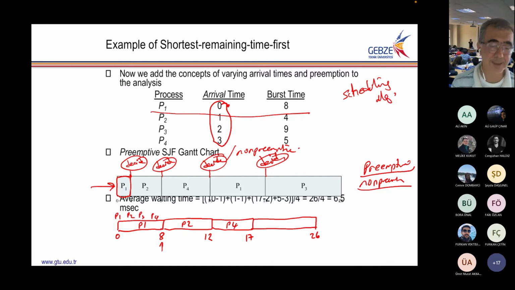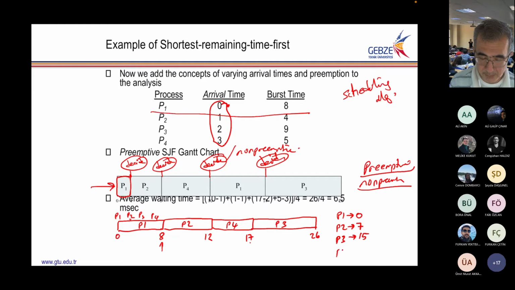26. Right? What is the waiting time for each process? P1 is going to wait no time. P2 is going to wait how much? Tell me. 7. Yes, that's correct. 7 because arrival time is 1. That is important. P3 is going to wait for about 17 minus 2, 15. So this minus coming time.